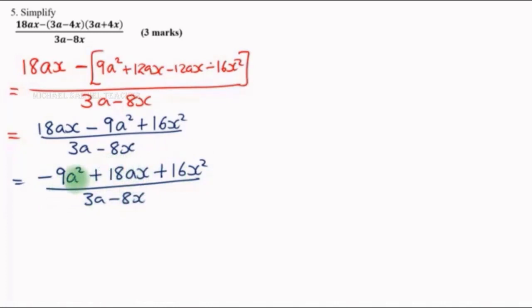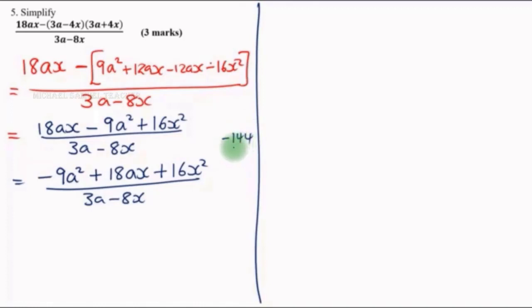So we need to factorize this, but before that we need the numerator part 18ax, we write it in the expanded form. This is like a quadratic equation. So we need to find the product of minus 9 and 16, and that product, minus 9 times 16, is the same as minus 144.